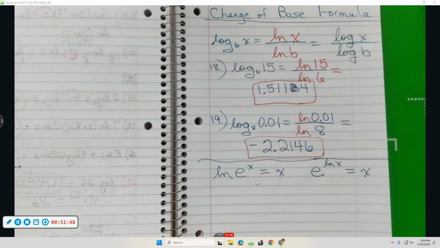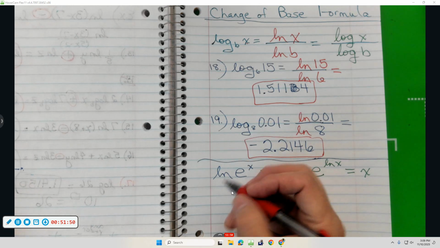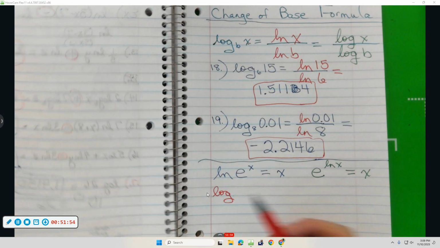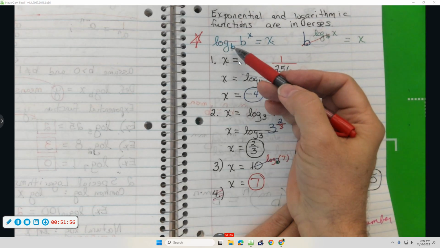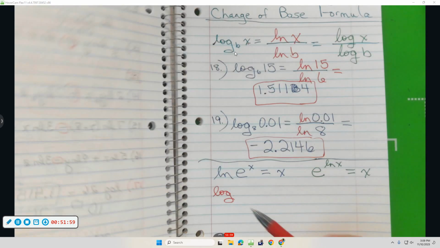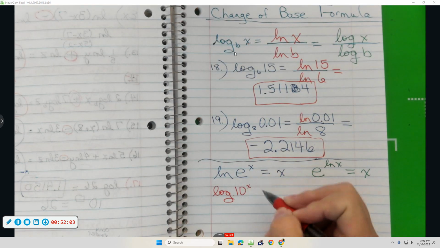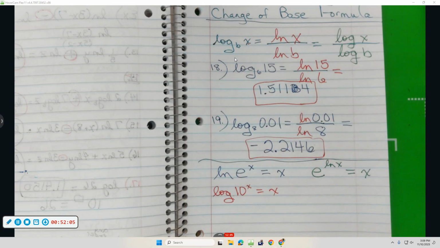Now let's write it for common logarithms. The common logarithm is log. You don't put the little base, but what's that base assumed to be for log? 10 to the x reduces to x.